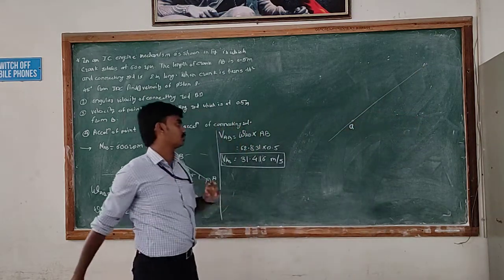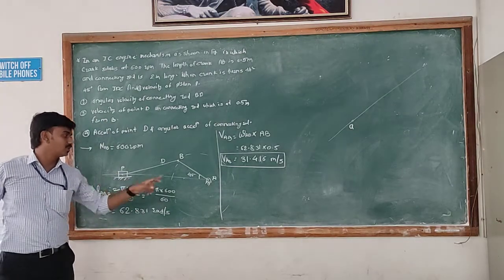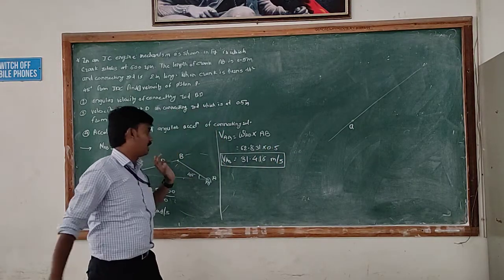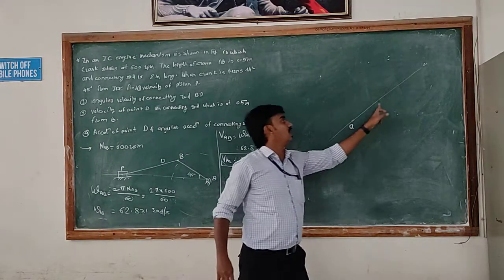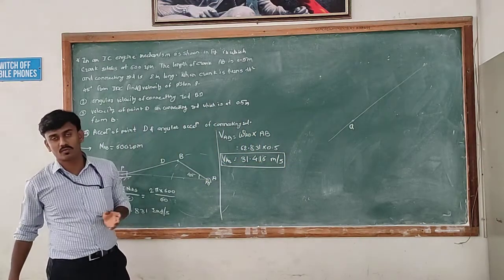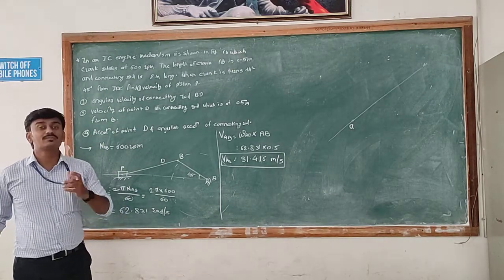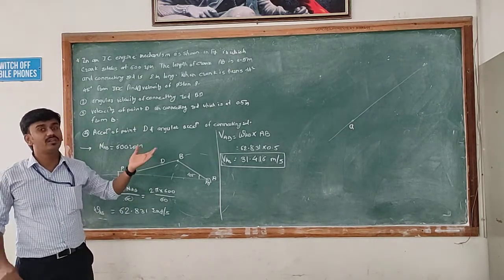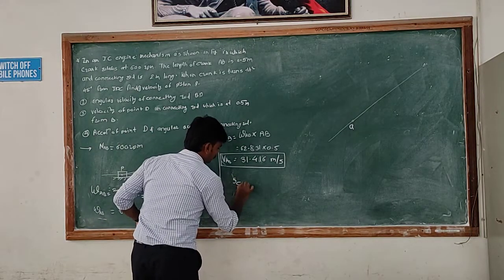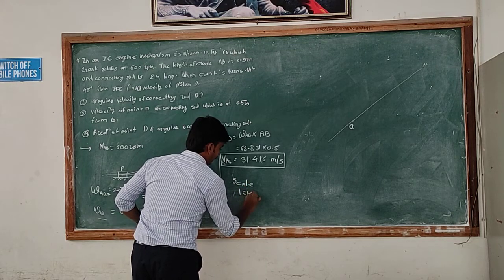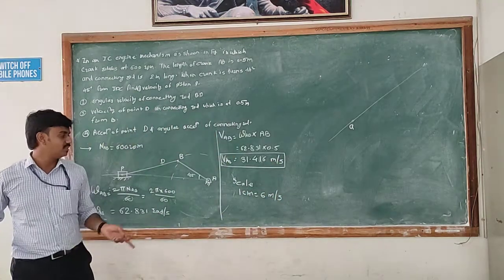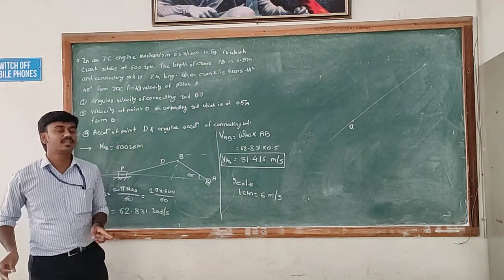This is my line which is passing through point A and perpendicular to this link AB. The point B will lie on this line, and the velocity of AB is 31.416 meter per second. Take some suitable scale, so the diagram is not too large or too small. I will take as a scale 1 centimeter equal to 6 meter per second.